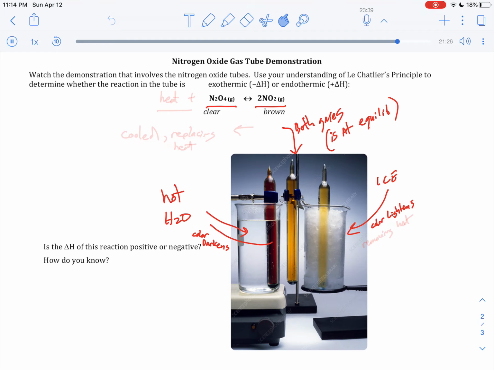So take a minute and try to figure out if this reaction is endothermic or exothermic. The easiest way to think about this is to look at the ice bath. When you put something in ice, what are you really doing? You are removing heat. And so you know that the system will shift towards the side that needs to be replaced.